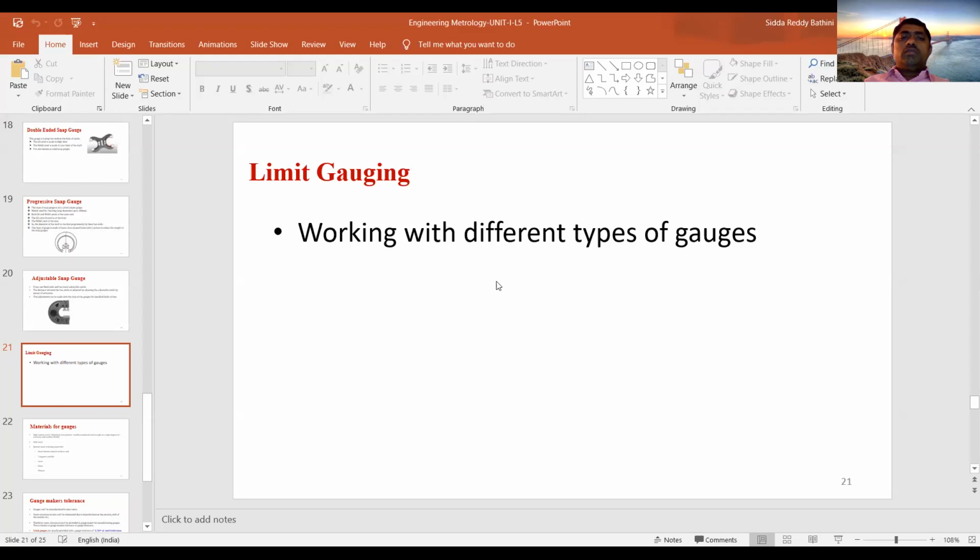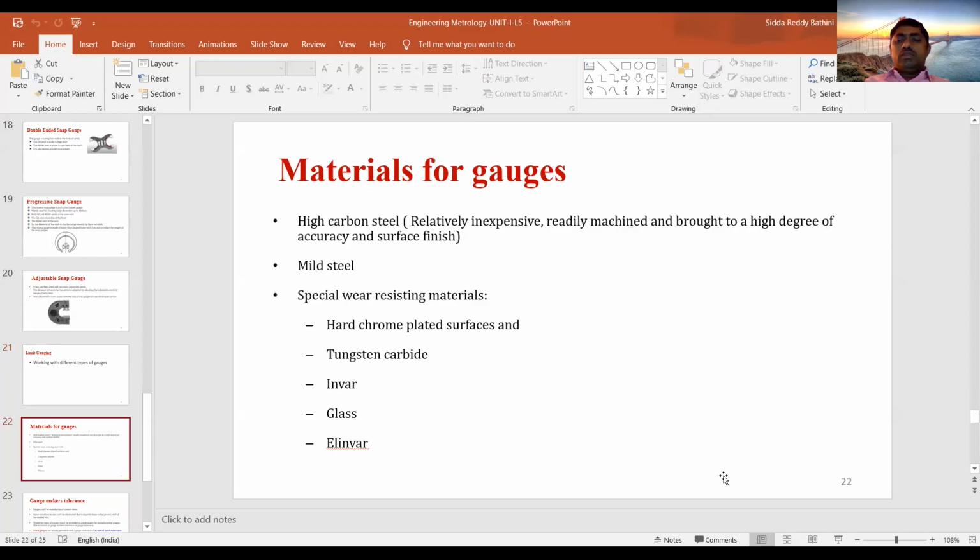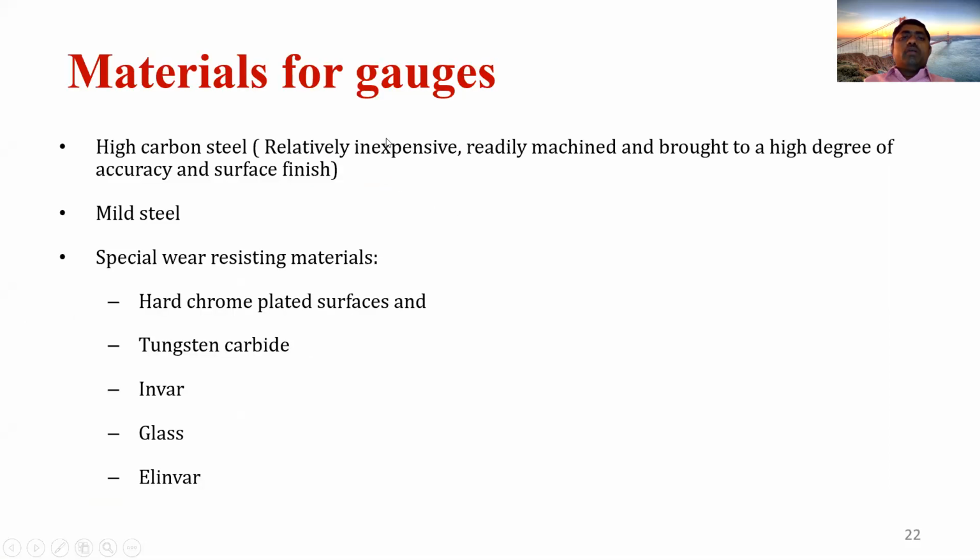So this is the working of the different limit gauges, and then we'll see what are the materials used for the gauges. For manufacturing of the gauges, we use high carbon steels. These materials are relatively inexpensive, and you can readily machine them and bring them to a high degree of accuracy, and a good surface finish you can achieve with high carbon steels.